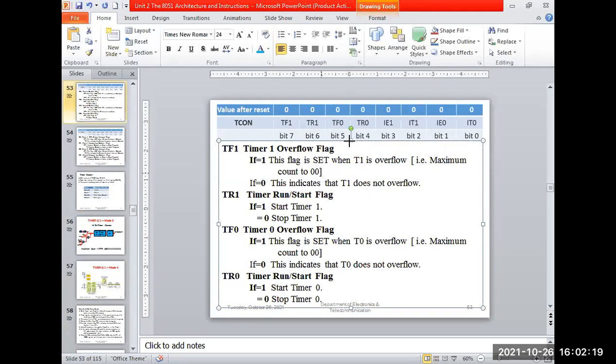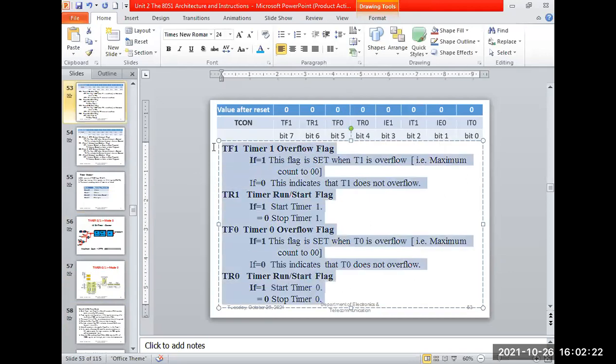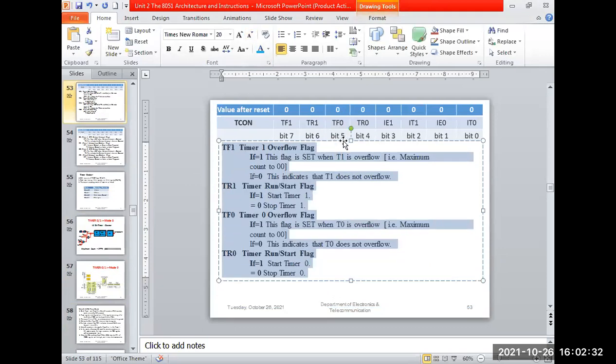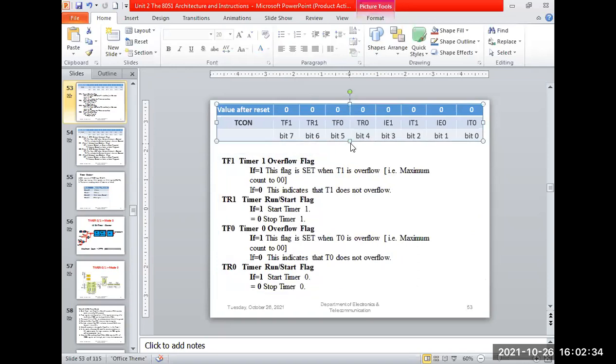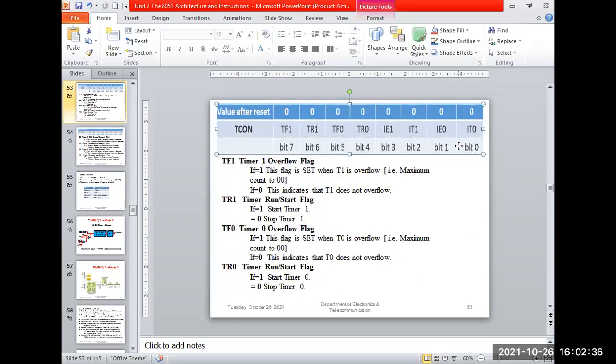Next SFR, special function register, Tcon. The next SFR is Tcon.